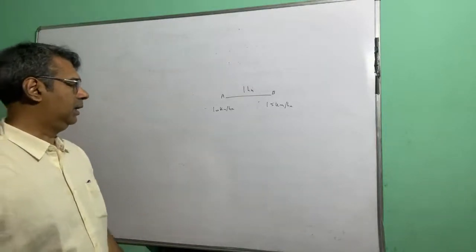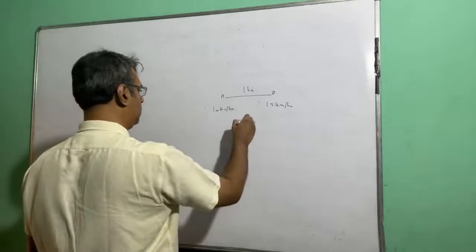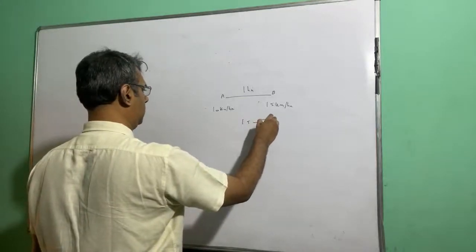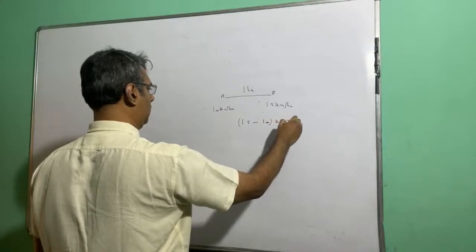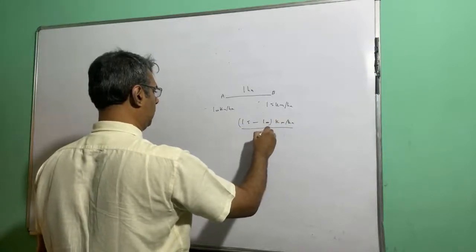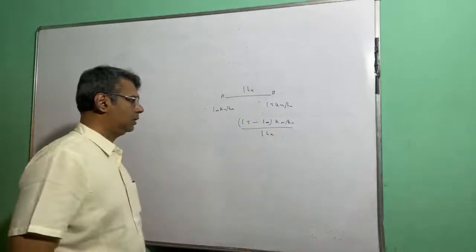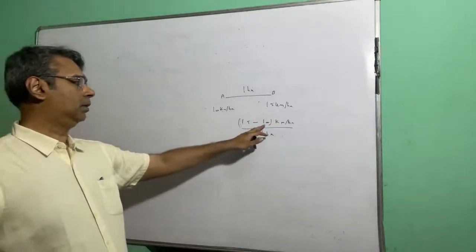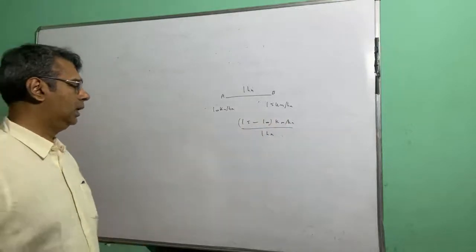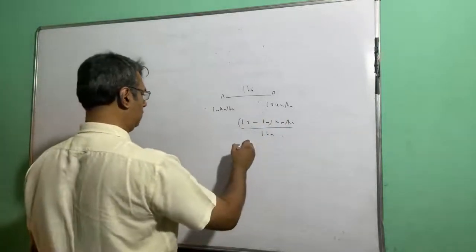So we say that the change in velocity is 15 minus 10 kilometers per hour, and the time over which the change has happened is 1 hour.